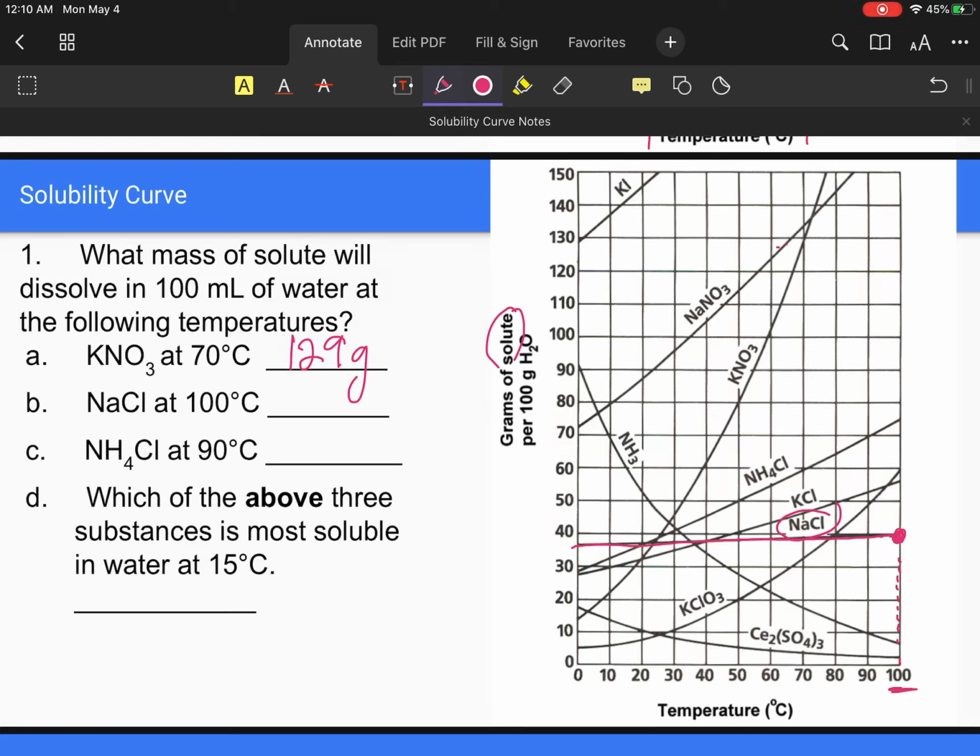So now, how much is that? Well, I'm just going to go straight over. I'm going to stay flat, right? So that means 40 grams. So that means I can put 40 grams of NaCl in water and get it to dissolve as long as my temperature is 100 degrees.